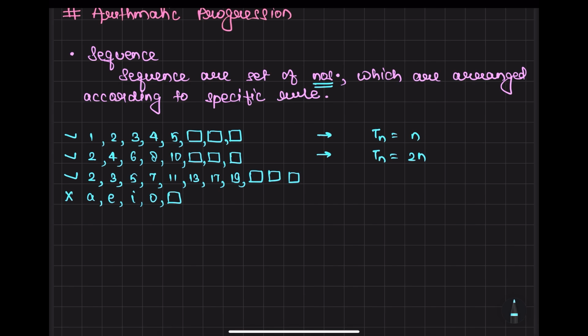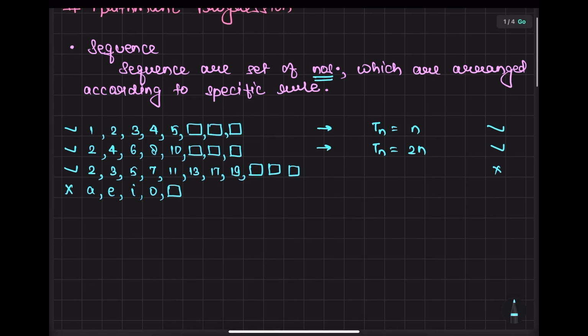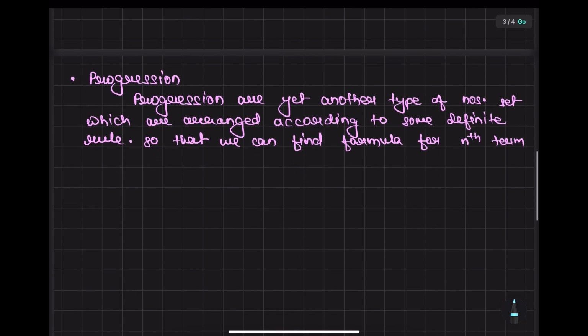It's just a definition whether a number is prime or not, but there is no specific rule by which you can reach the next prime. So this is a progression, this is a progression, but this is not a progression. I hope the progression part is also clear.